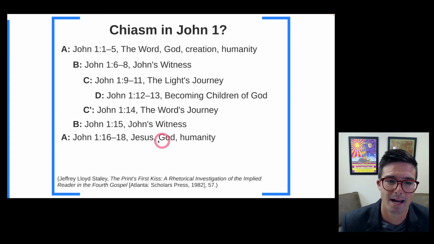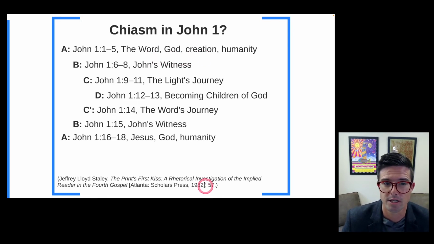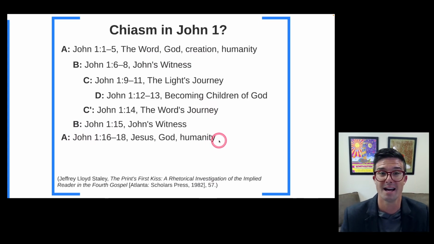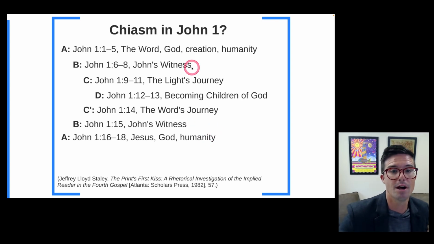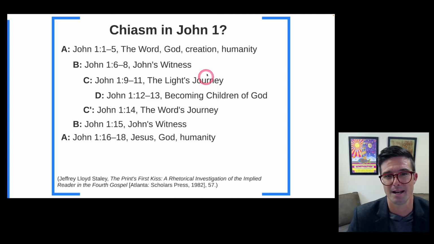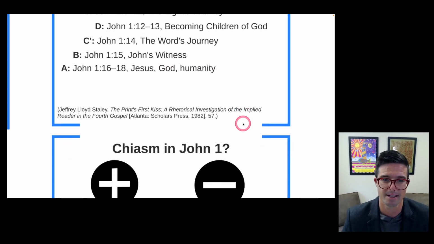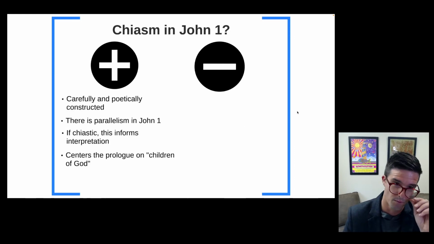And once again, we start to get a little bit more of a stretch at the end, insofar as in A, we do have creation, in A prime down here, excuse me, I don't have the primes on B and A. In A prime down here, we do not have creation repeated explicitly. So we do have sort of this trifecta of the Word, God, and humanity, Jesus, God, and humanity, with creation missing.